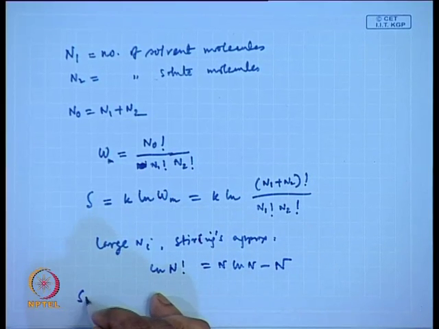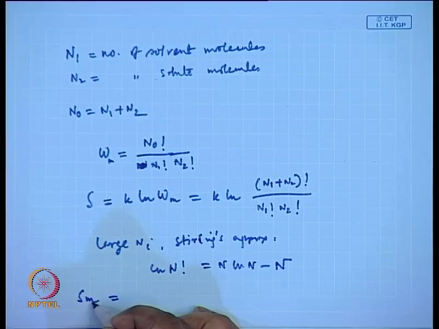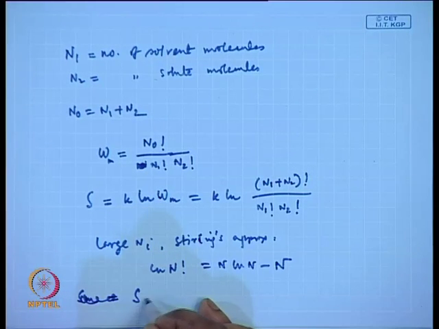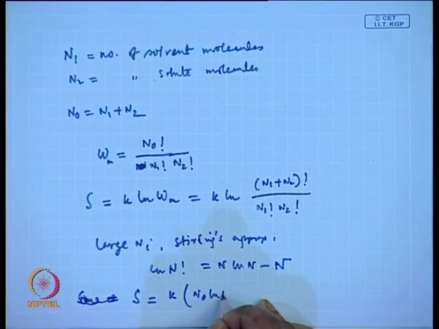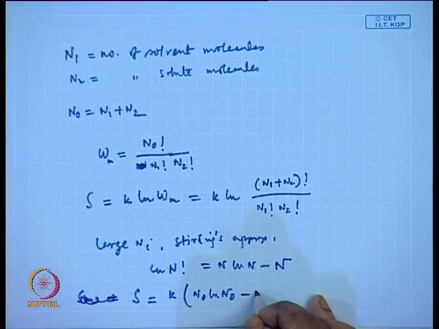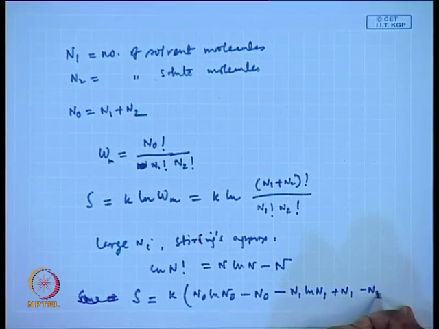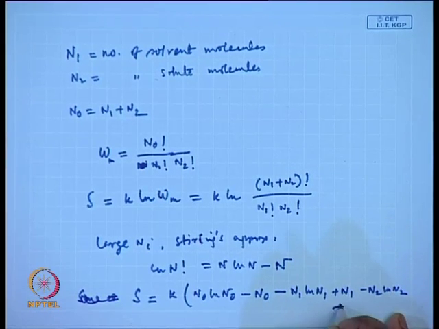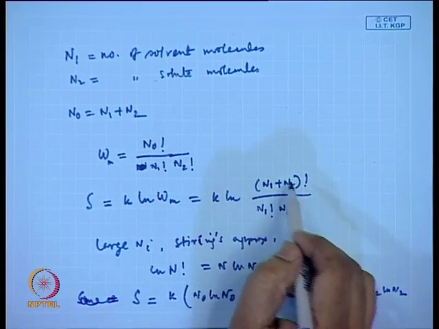So, you can apply this and you can write S is equal to K N0 ln N0 minus N0, okay. This is just, this is N0 factorial.